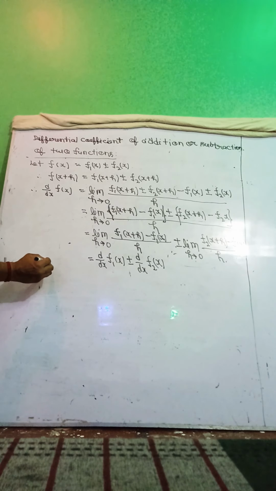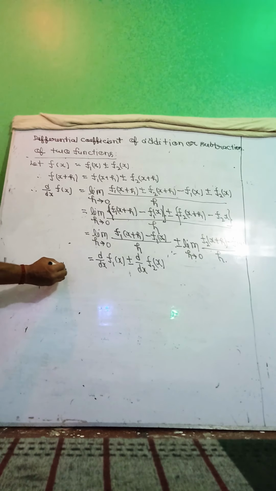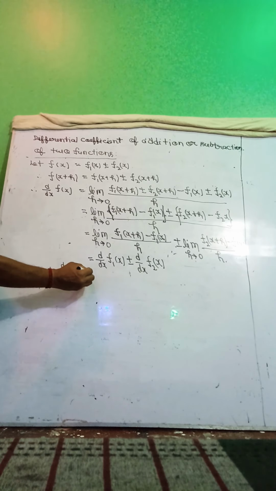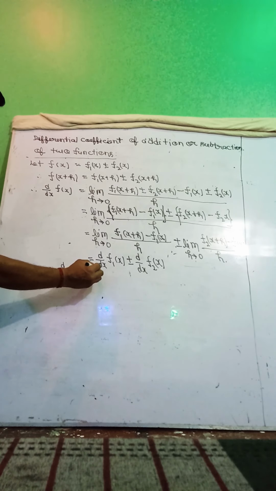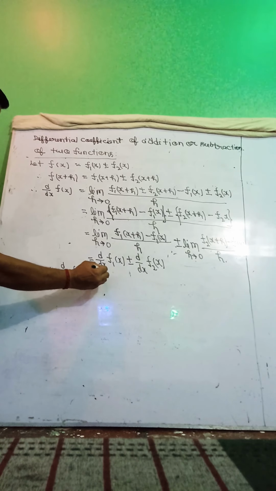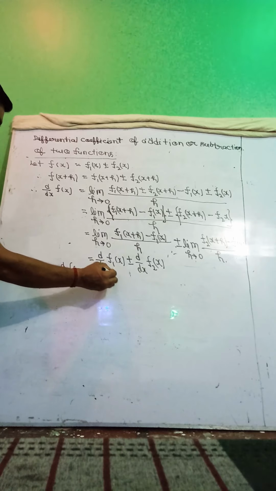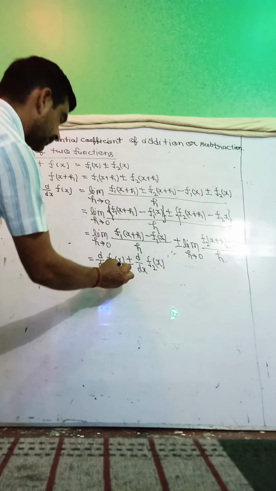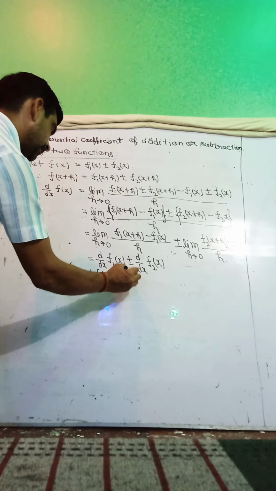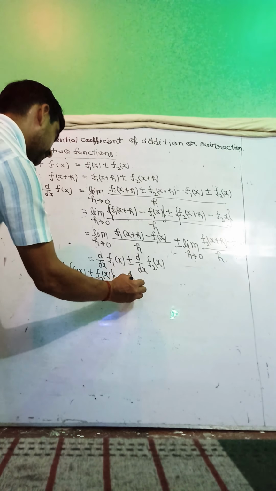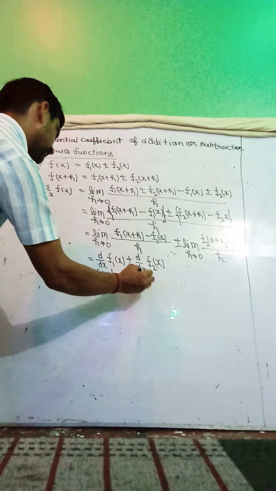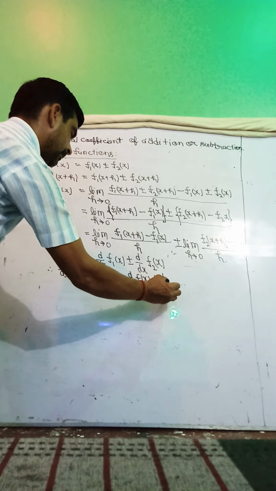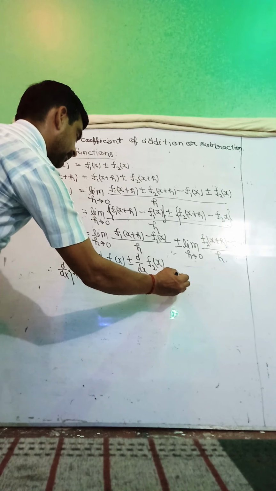So the differential coefficient of f1(x) plus minus f2(x) is equal to d/dx f1(x) plus minus d/dx f2(x).